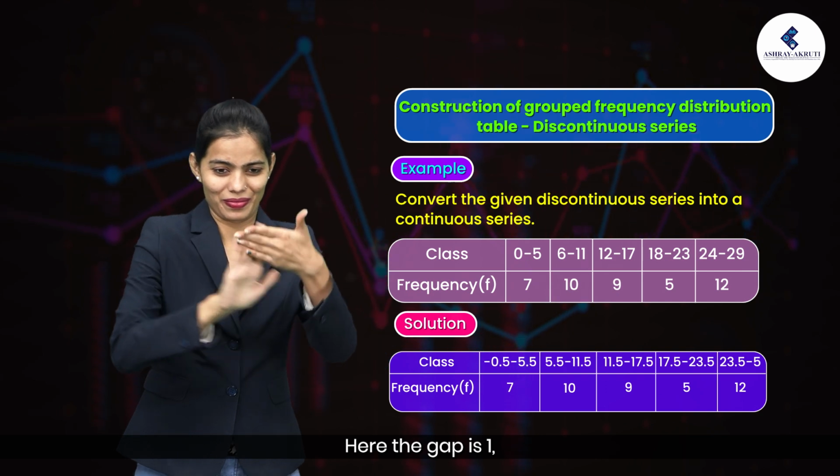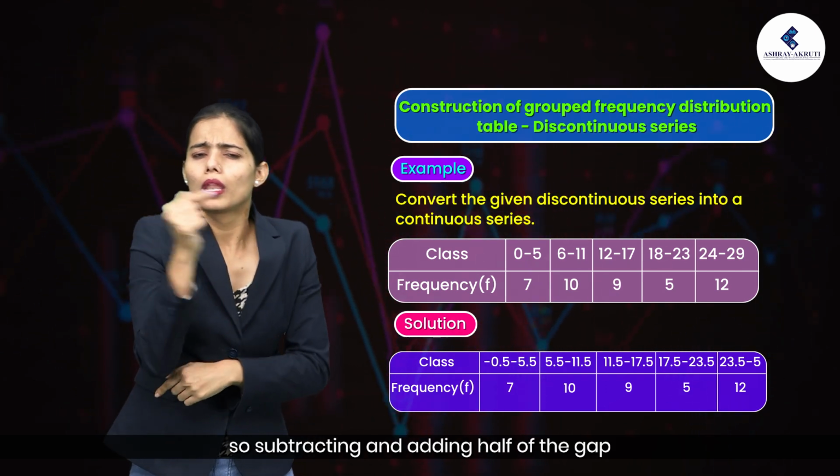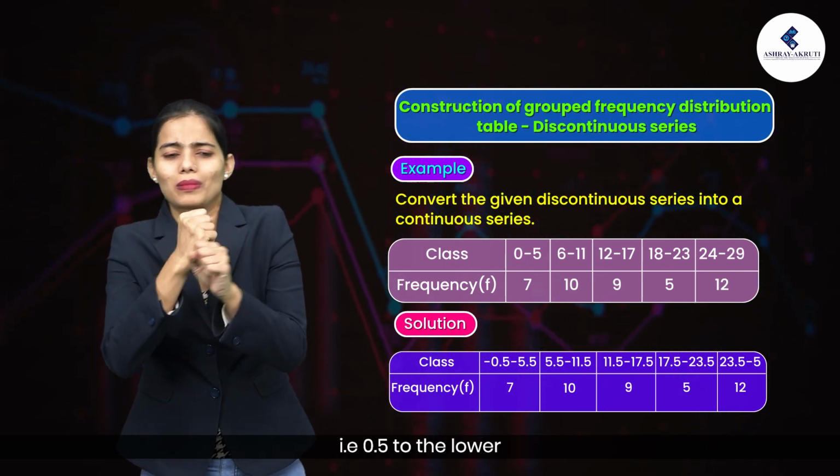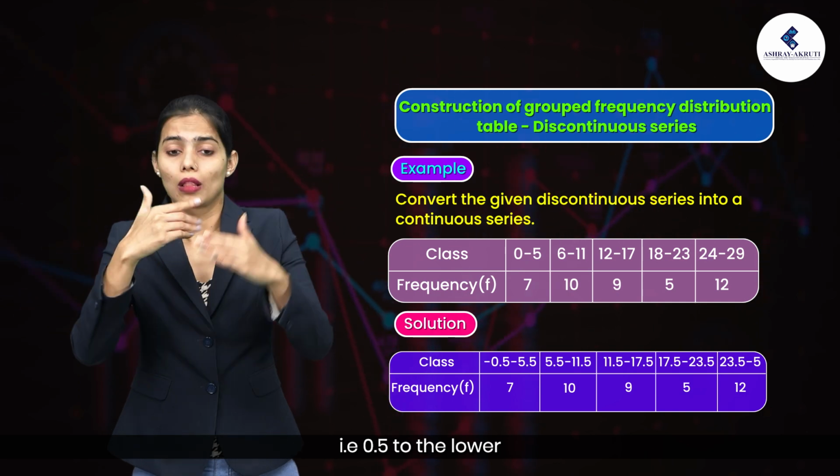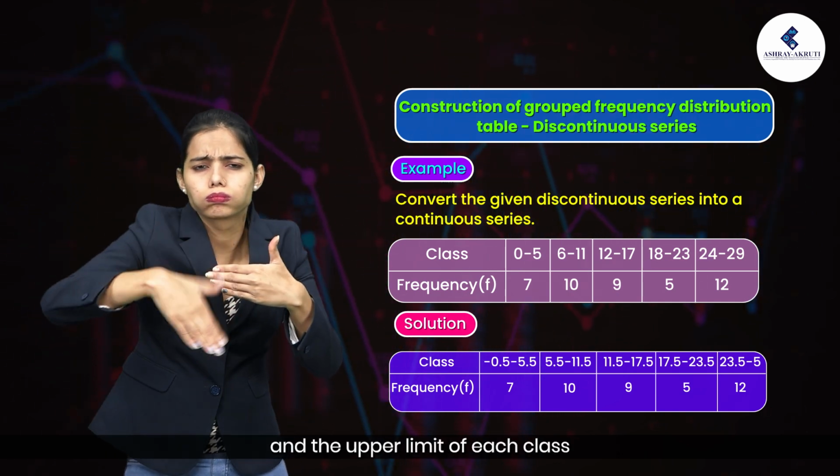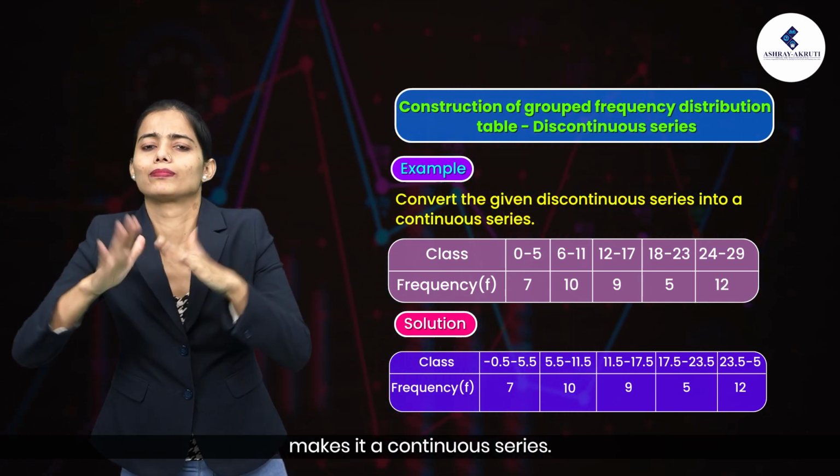Here, the gap is 1. So, subtracting and adding half of the gap, that is 0.5, to the lower and the upper limit of each class makes it a continuous series.